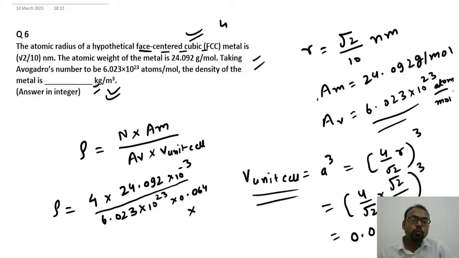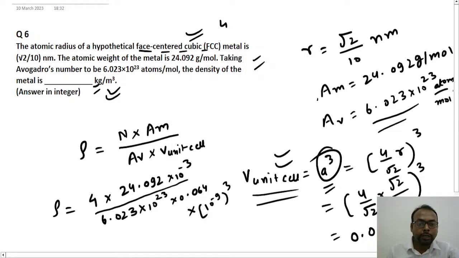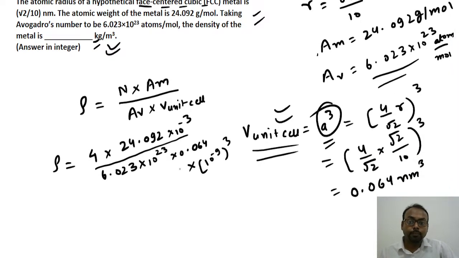Now, to convert this 0.064 nanometer cube into meter cube, you have to multiply by 10 to power minus 9, whole cube. Why cube? Because we are using it for the volume of the unit cell. That is why we put 10 to power minus 9 to the power of 3, right?